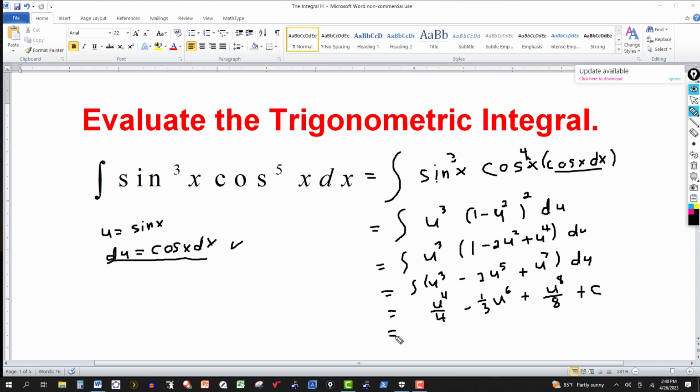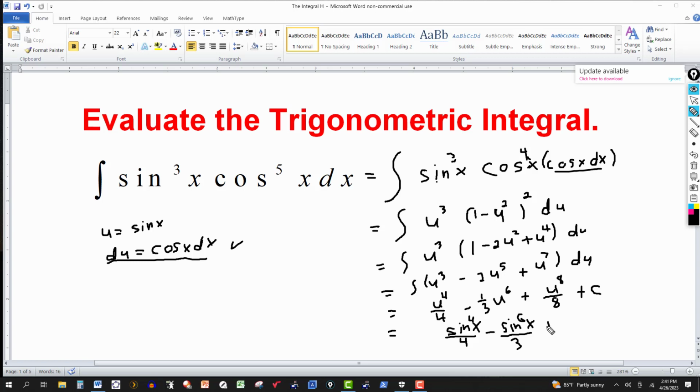So this will equal sine to the 4th of x over 4, minus, and then to the 6th power for the u, so this will give me sine of x to the 6th power over 3.